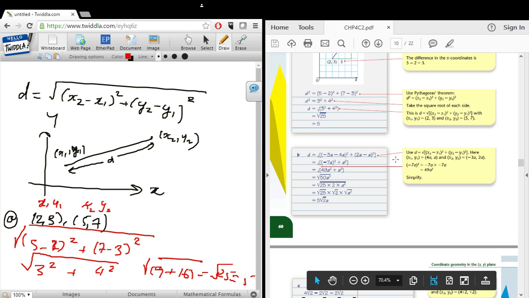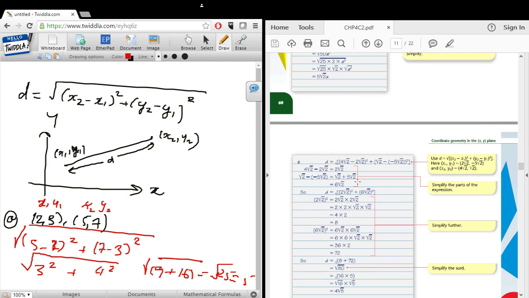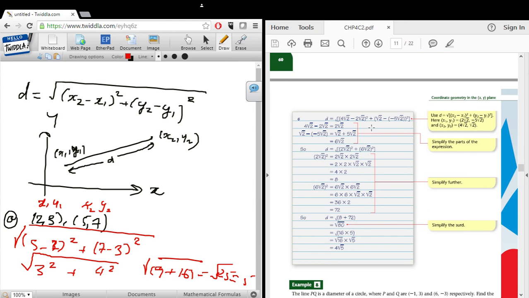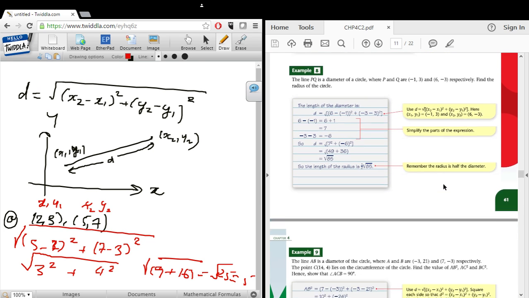Same thing with B, we're literally just plugging in the numbers. Same thing with C again. You just have square roots, so you're playing around with the squaring and the square roots, so be very careful.